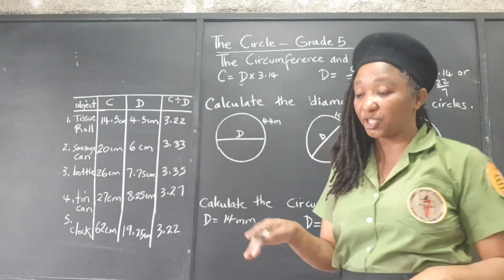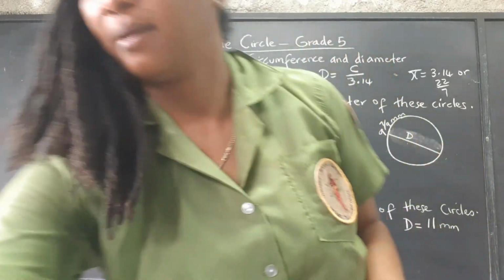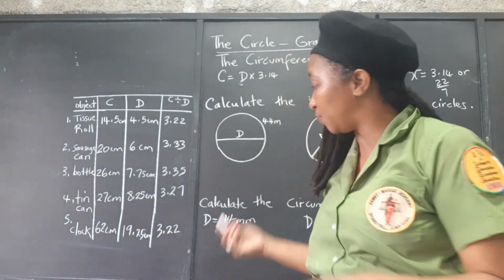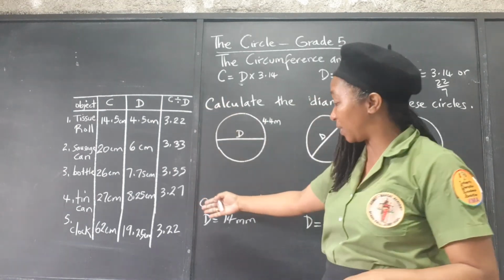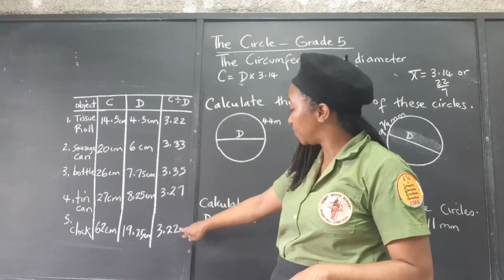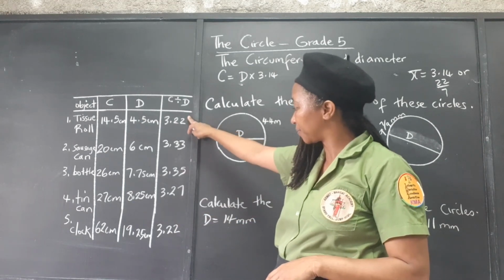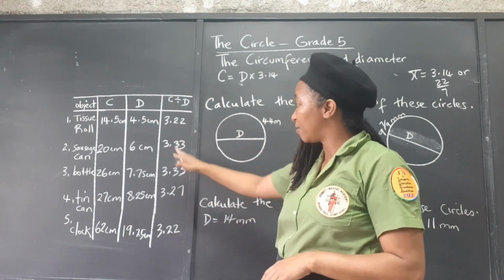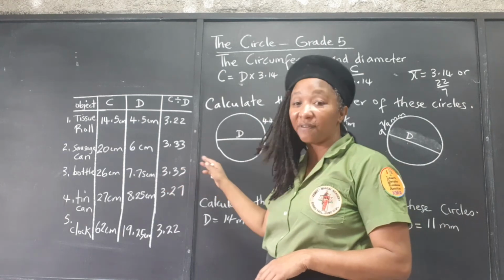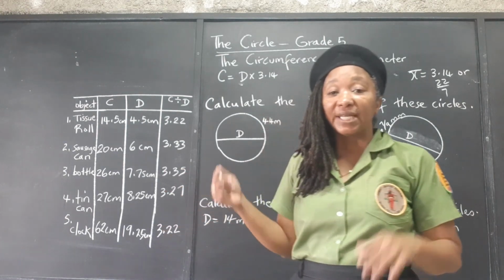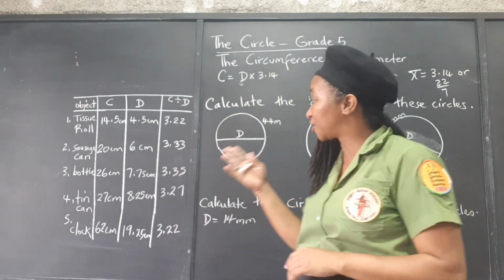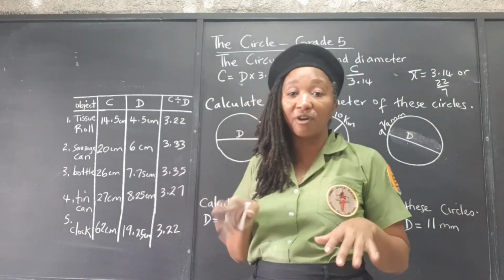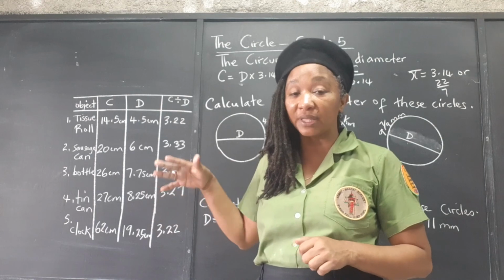Now you notice, even though these measurements are not completely accurate, we had to do some rounding off, but look at the trend. We had two of them 3.22, 3.2 something, 3.33, 3.35. So this is telling us that the relationship between the circumference and the diameter is roughly 3 point something.